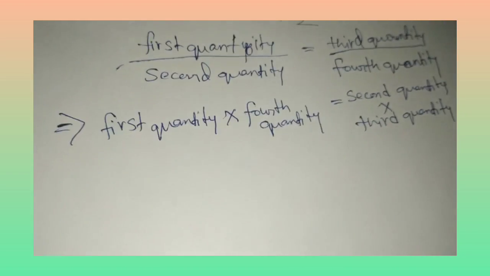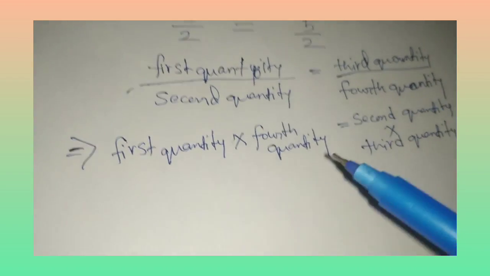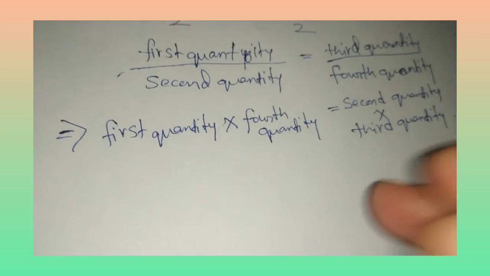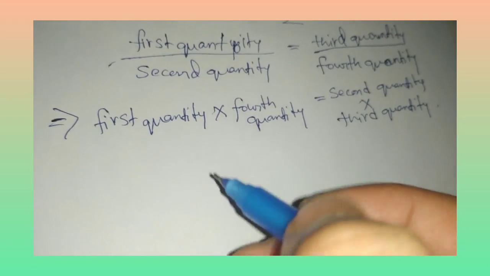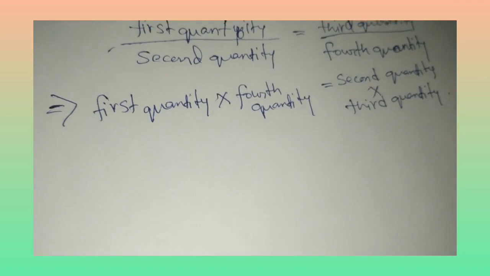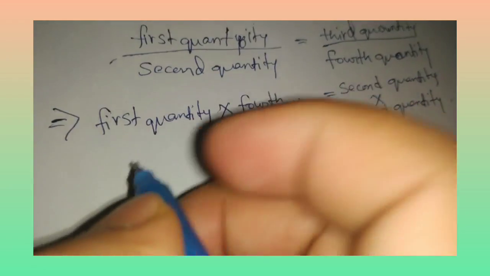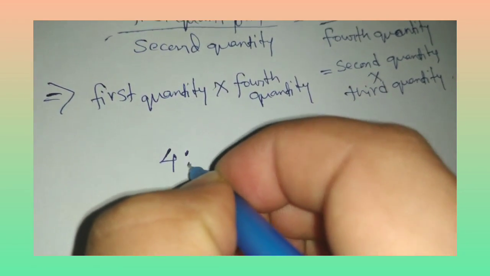So if you have a scenario of a proportion where we have only three quantities, you have to determine the fourth quantity. For example, let's say 4 is to 2.